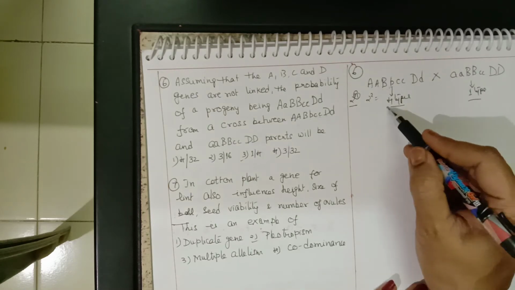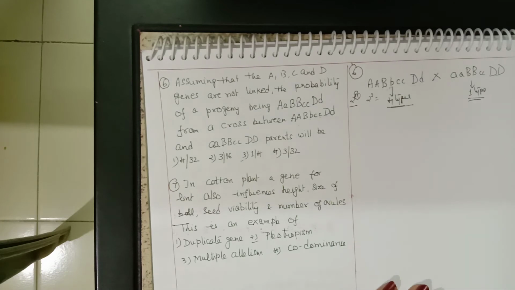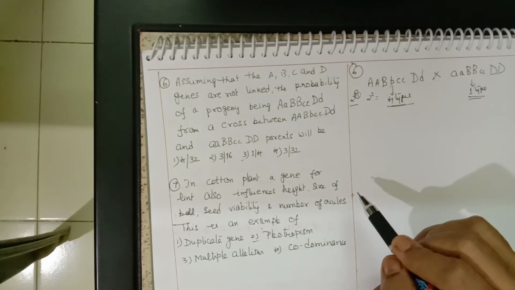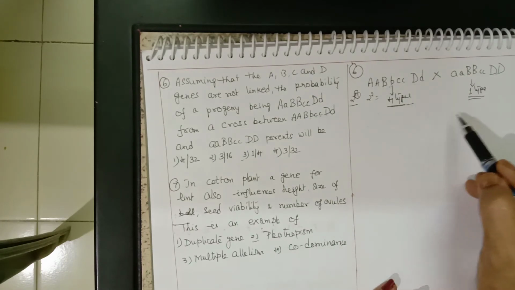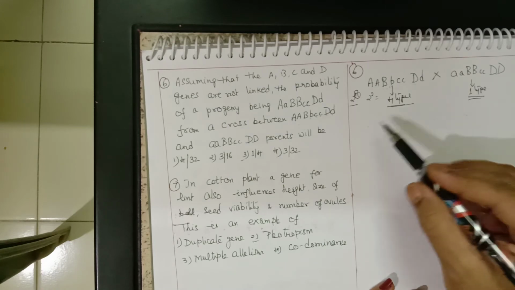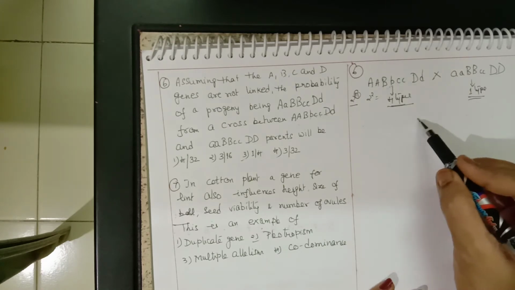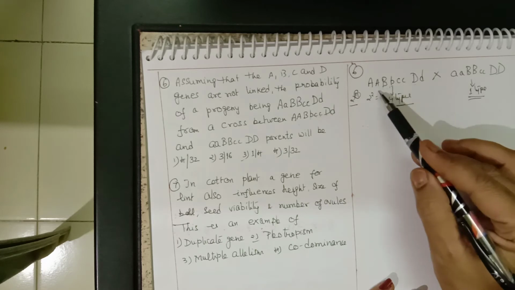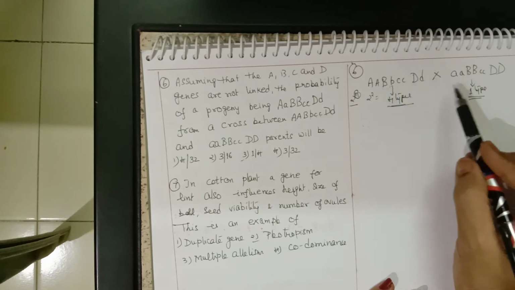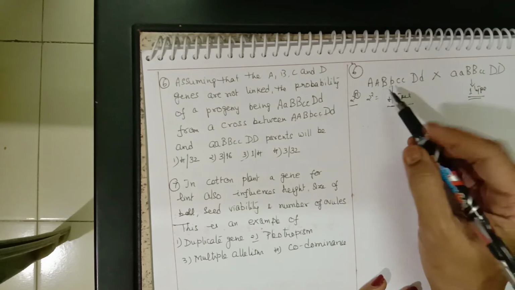So when we get 4 types of gametes and 1 type of gamete, when we cross them, we get 4 individuals with 4 different types of genotypes. So actually you can write a cross. I will write one of the types of gametes.